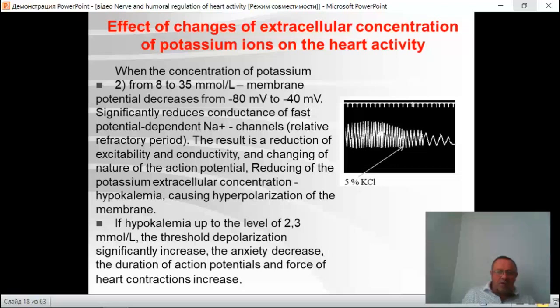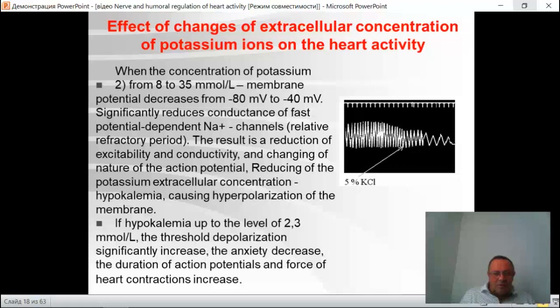Membrane potential decreases from minus 80 millivolts to minus 40 millivolts. It significantly reduces conductance of fast potential-dependent sodium ion channels, and relative refractory periods. The result is a reduction of excitability and conductivity and a change in the nature of the action potential.